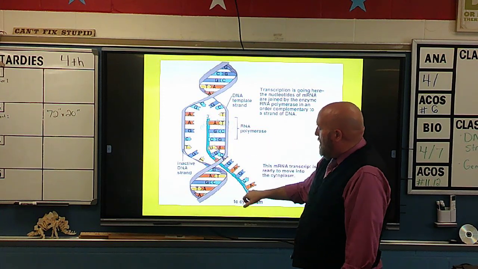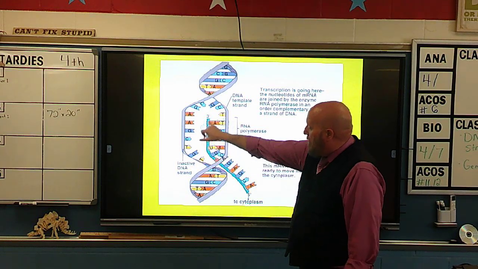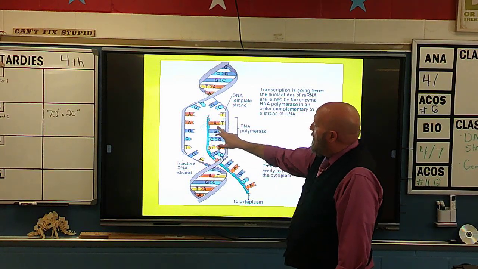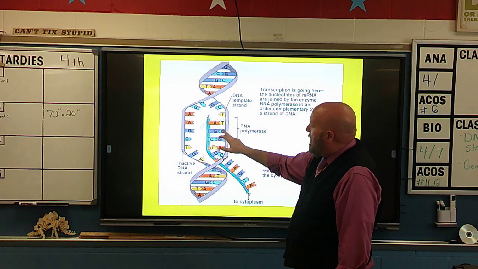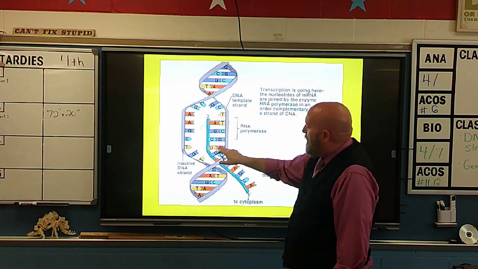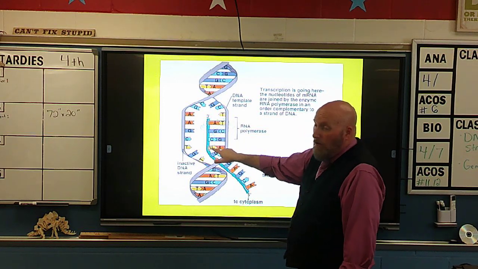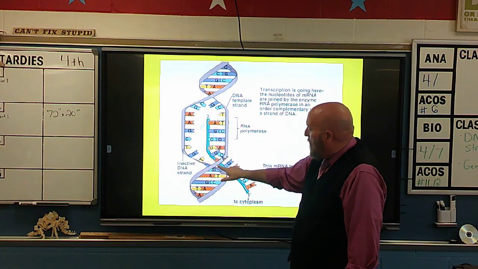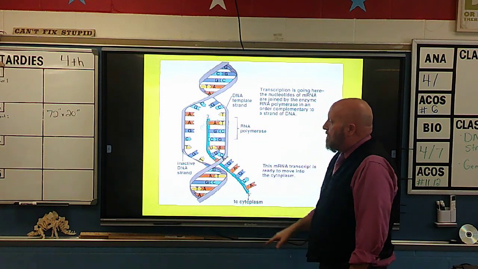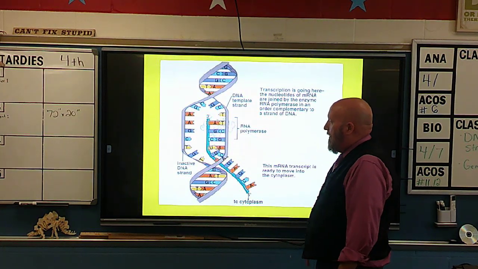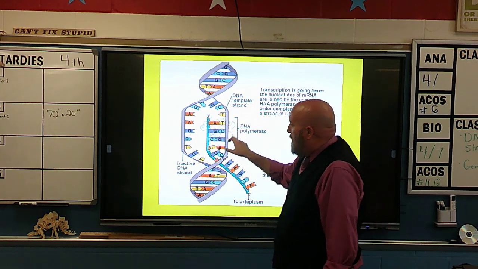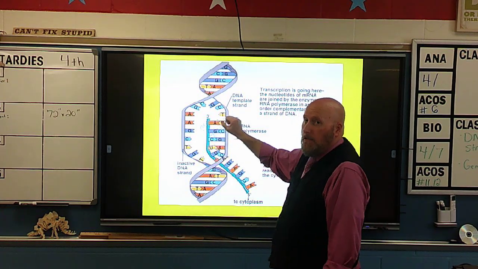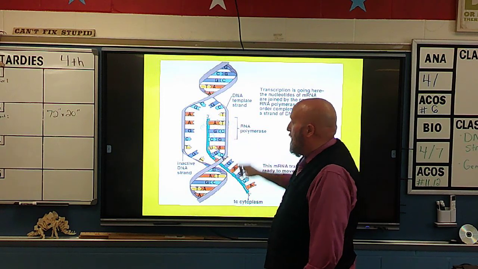It's got a different sugar, that's why this string is not purple, but it's kind of blue. A and T, C and G, G and C, C and G, U and A. Remember, we do not have thymine. You will not see T on this RNA sequence. But on the DNA, you see the T. Okay? And again, the RNA polymerase is building that strand of RNA.